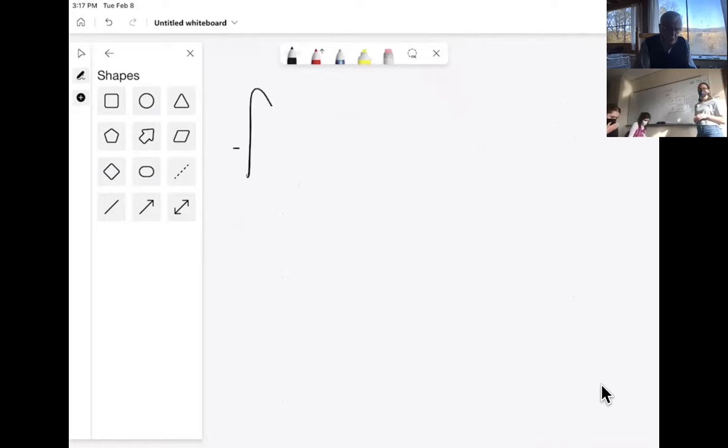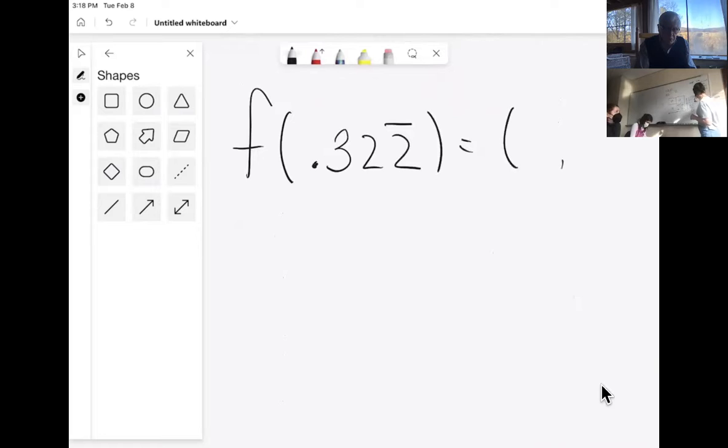And then you might look at the next stage a little bit. You did 0, 1, 1, 1, but what would it be if you take 0.3, 2, 2, 2? What is this? Or f of 0.2, 0, 0, 0.